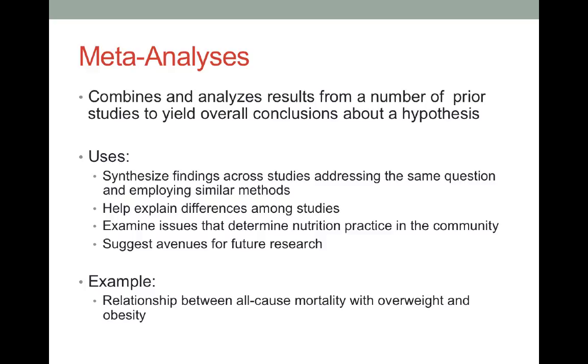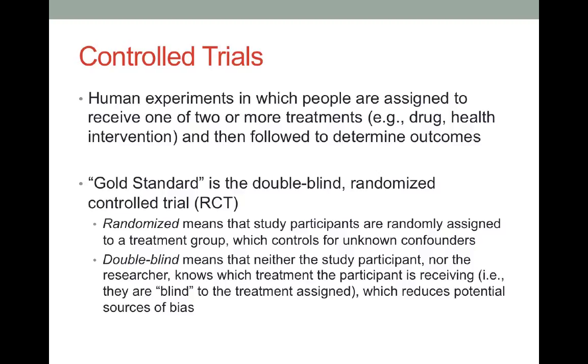And then there are, of course, controlled trials, which are kind of the gold standard in medicine. They are human experiments in which people are assigned to receive one or more treatments, and then followed to determine what the outcome is. So they're often randomized. They can be single-blind or double-blind studies.